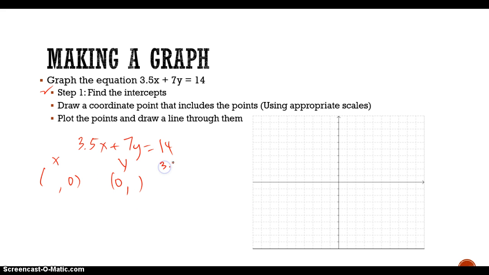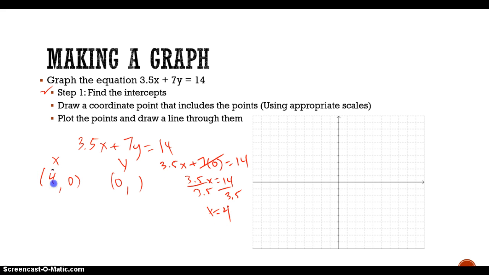So 3.5x plus 7 times 0 equals 14. We know that cancels out, so 3.5x equals 14. Divide by 3.5. x equals 4.